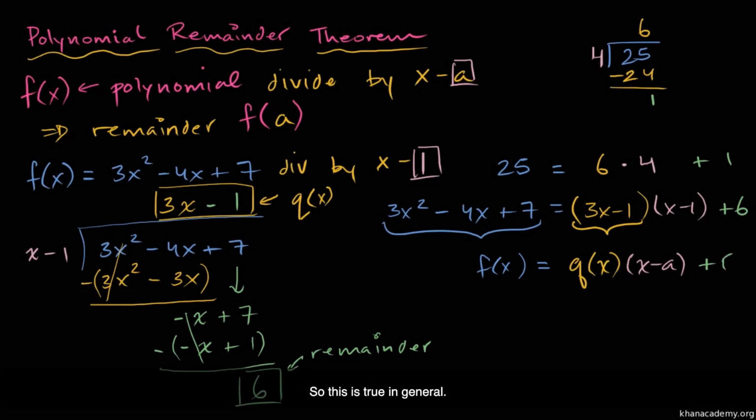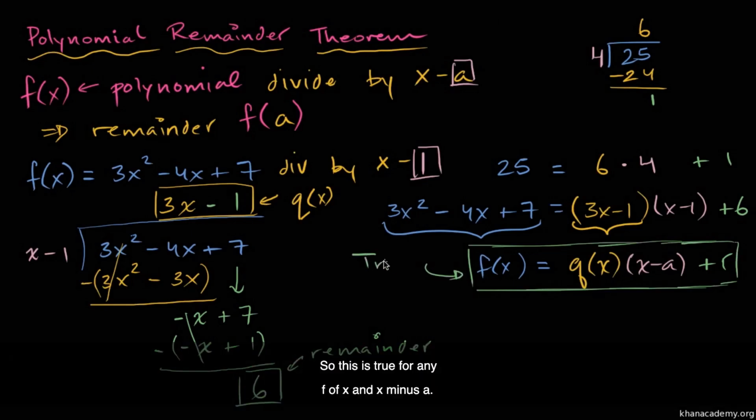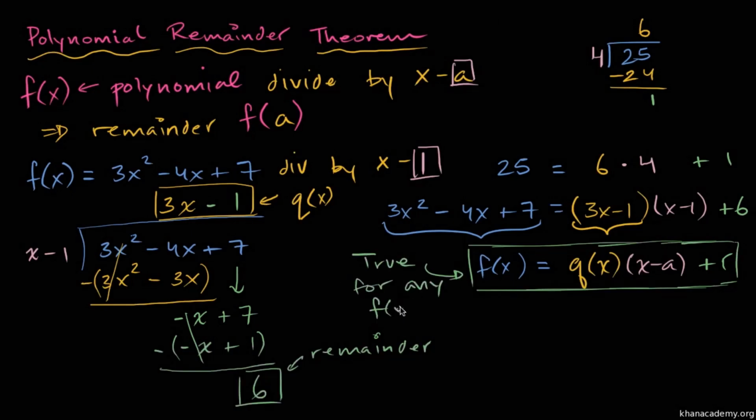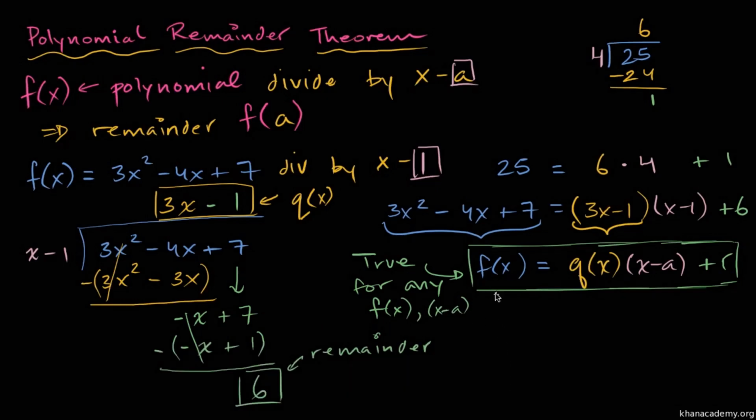So this is true in general. This is true for any polynomial f of x divided by any x minus a. Now, what is going to happen if we evaluate f of a?